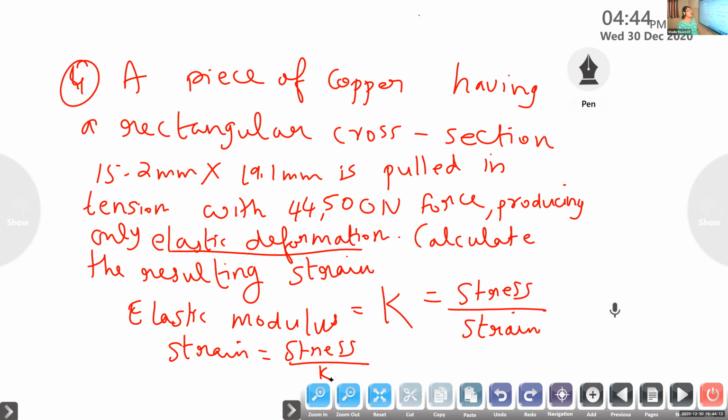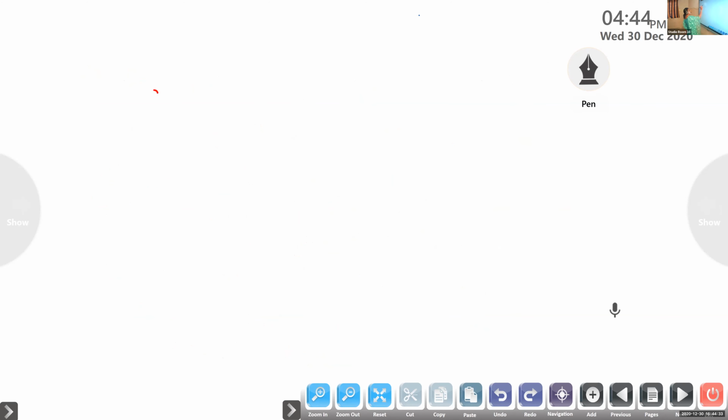Okay, can I change, children? So, force is given to you. Area, it's a rectangular cross section. The dimensions are already given. It is in millimeter. Then we need to convert that into meters. So, next step, find out the stress. The stress is equal to force by area.